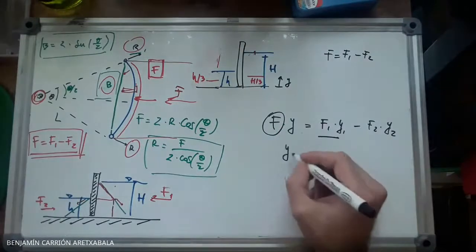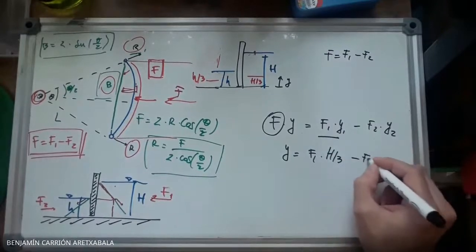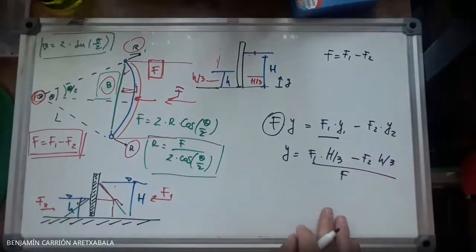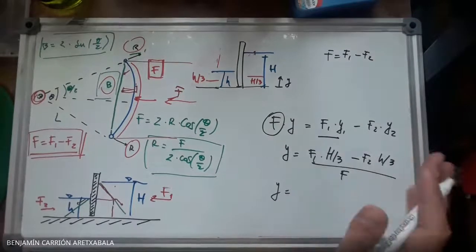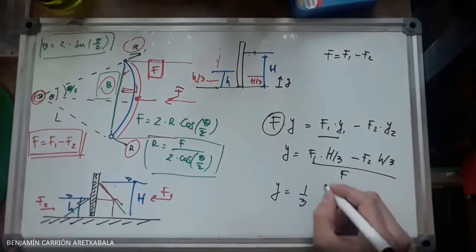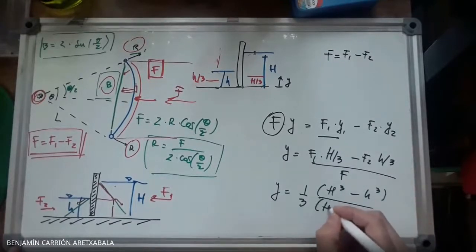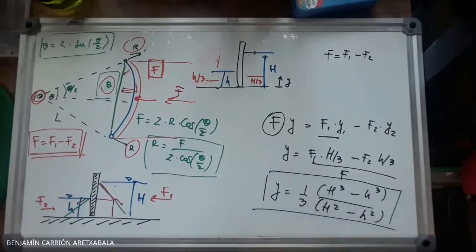And from here, y is just F1 h third minus F2 small h third divided by total F. And then you could have just replaced the values, and you end up, if you do the algebra, with 1/3 times h to the cube minus h small to the cube, over h squared minus h squared. And that was it.